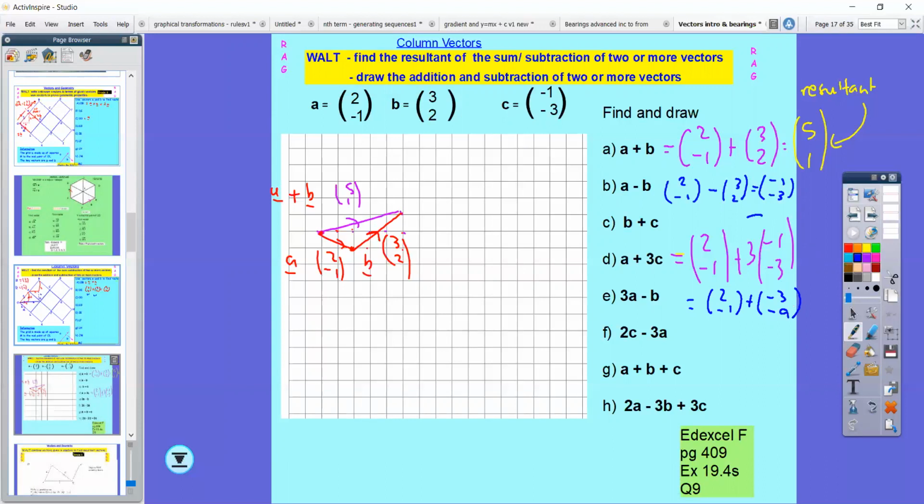What does that actually mean, 3C, as well? It's a good idea to talk about what 3C means. 3C means 3 lots of vector C. So, minus 1, minus 3, 3 times. Minus 1, minus 3. Minus 1, minus 3. I just did plus 1, plus minus 3. Let's try again. Right, let's go again.